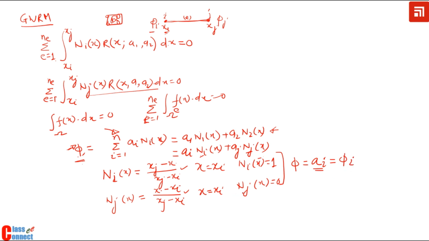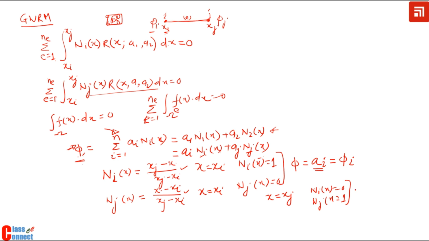Similarly, we can write down the other conditions. When x is equal to xj, in that case Ni(x) is equal to 0 and Nj(x) is equal to 1. So what does it mean? It means that when x is equal to xj, this is 1 and this is 0.